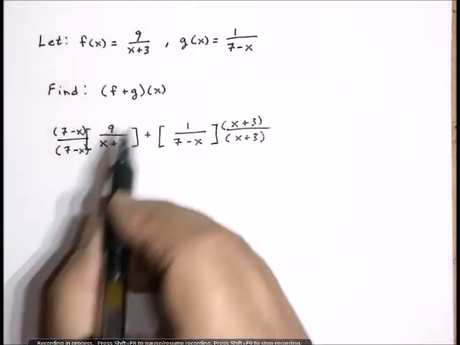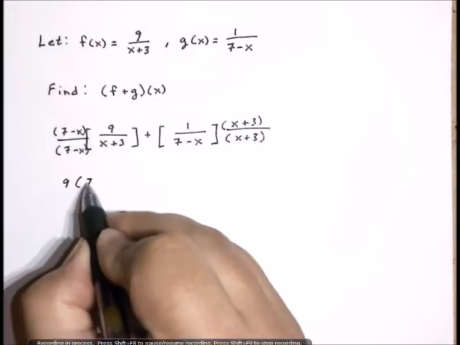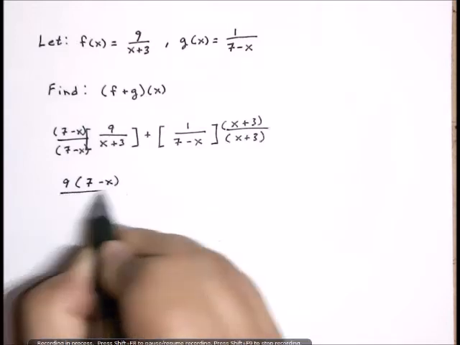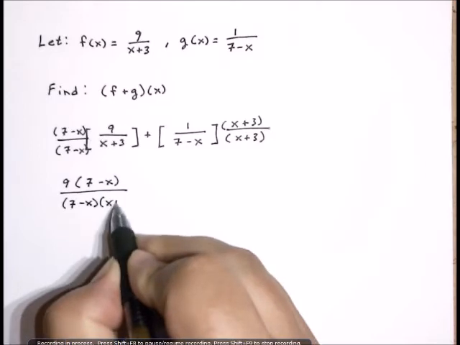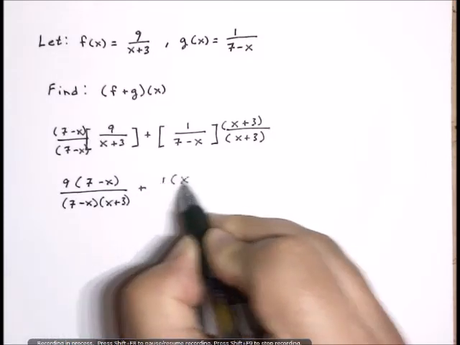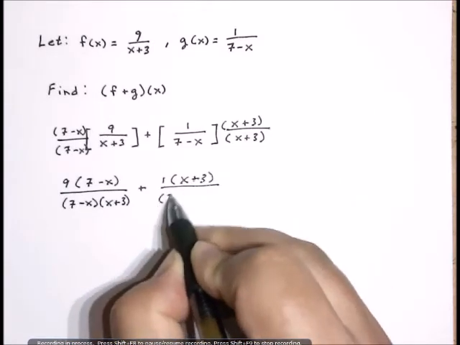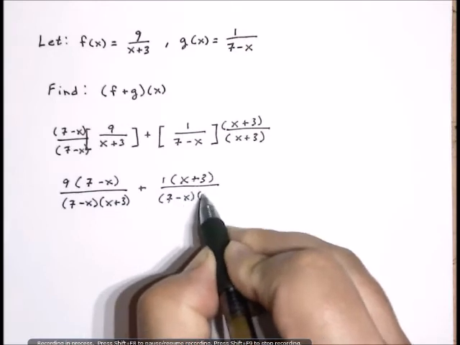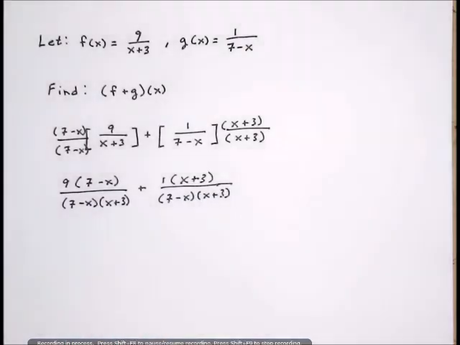And what that does is gives me the exact same denominator in each term. Alright, so now each term has the denominator 7 minus x times x plus 3.